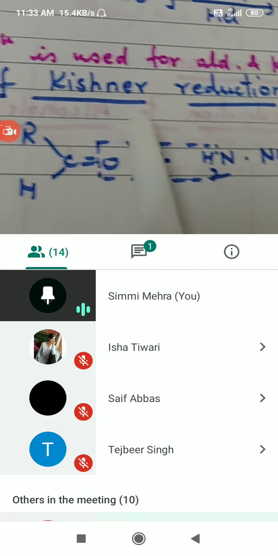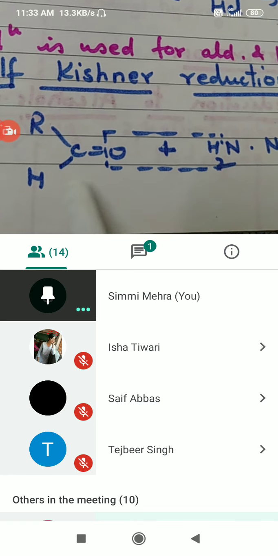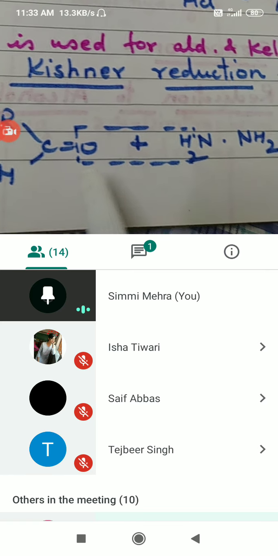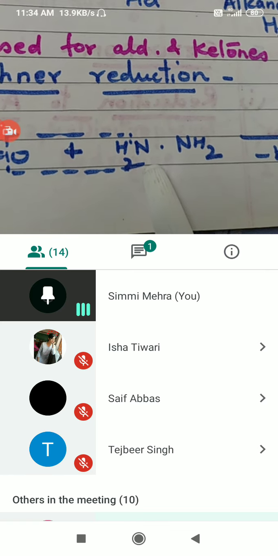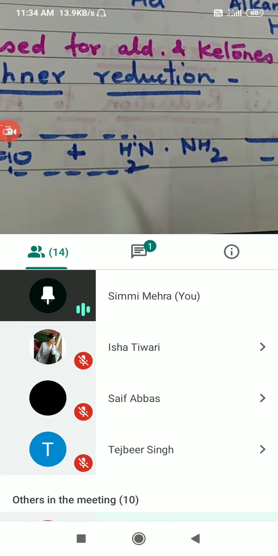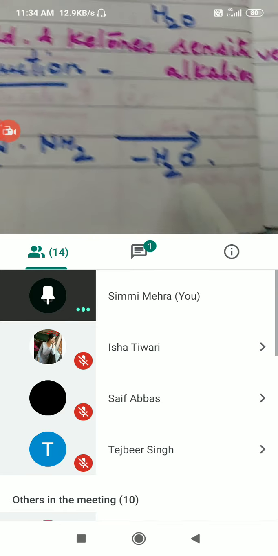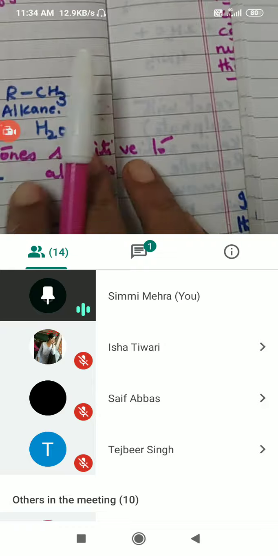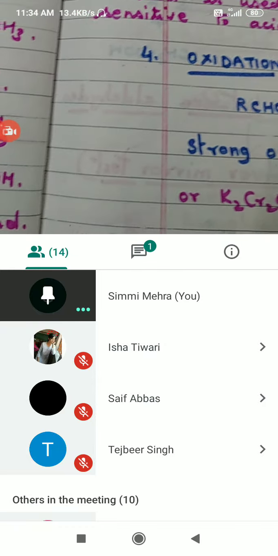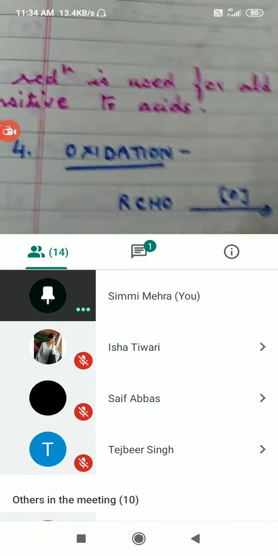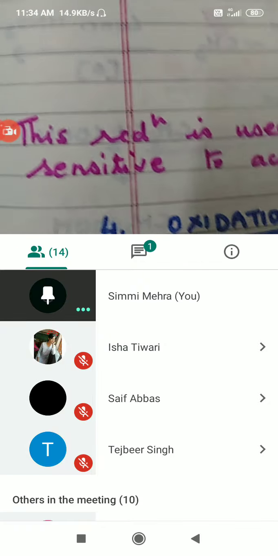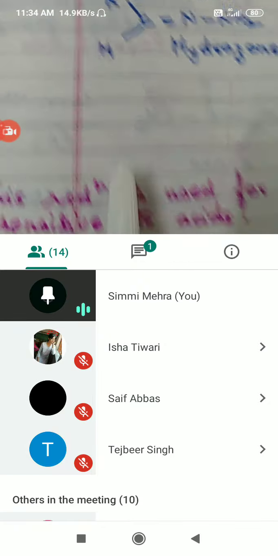If they are sensitive to alkalis, then only this reduction reaction is used. Second is Wolff-Kishner reduction. Here, when we have aldehydes with semicarbazide, they lose a water molecule and form a hydrocarbon.